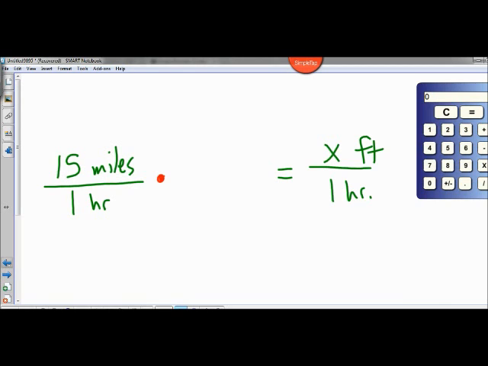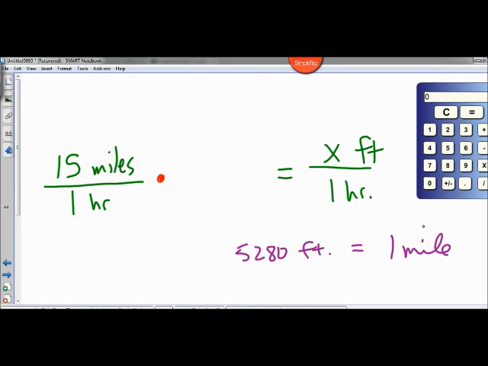So I have 15 miles in 1 hour, so 15 miles per hour, and I want to know how many feet that makes in 1 hour. So if you think about the conversion unit that I want, I know that there are 5280 feet in 1 mile.